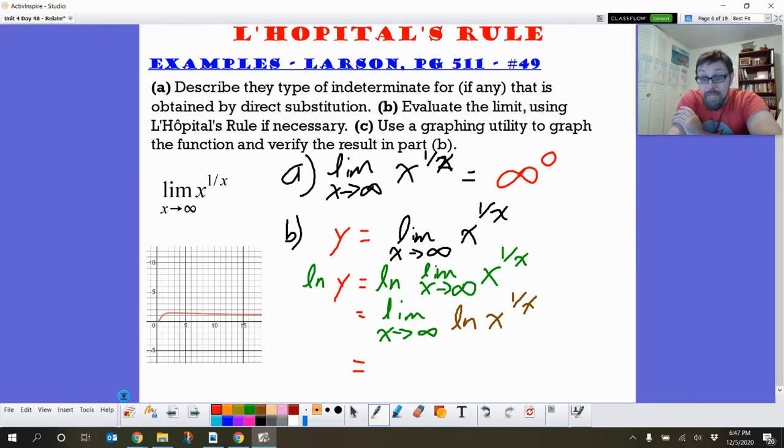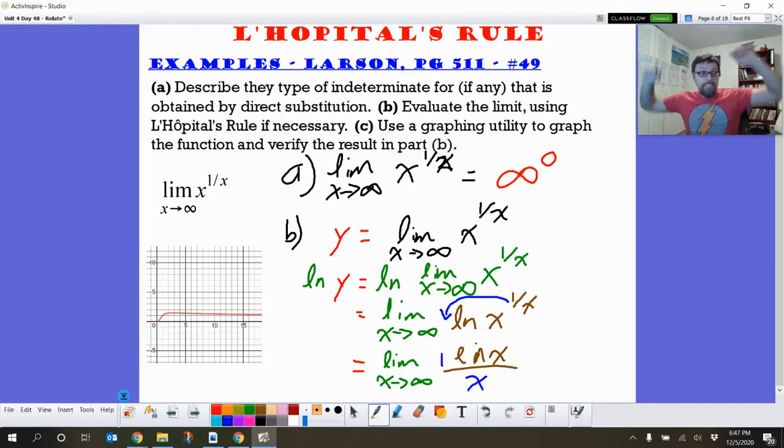All right, now that that x to the 1 over x is inside of a natural log, we can use our rules of logarithms and bring that exponent in front of the natural log. So then we have the limit as x approaches infinity of ln of x over x, because it's a 1 over x, and the x drops to the denominator.